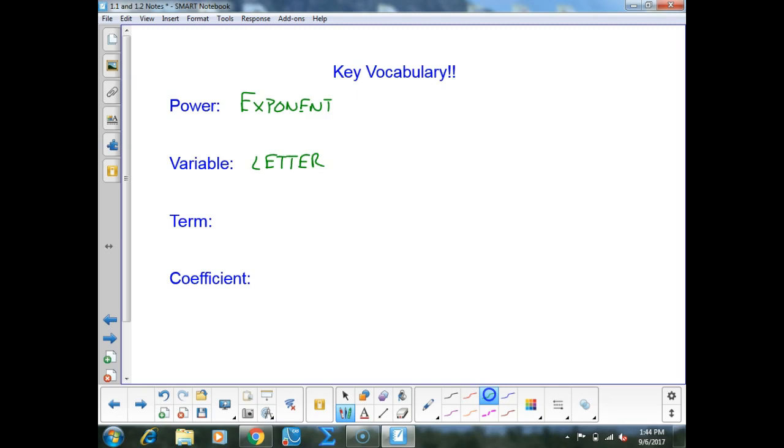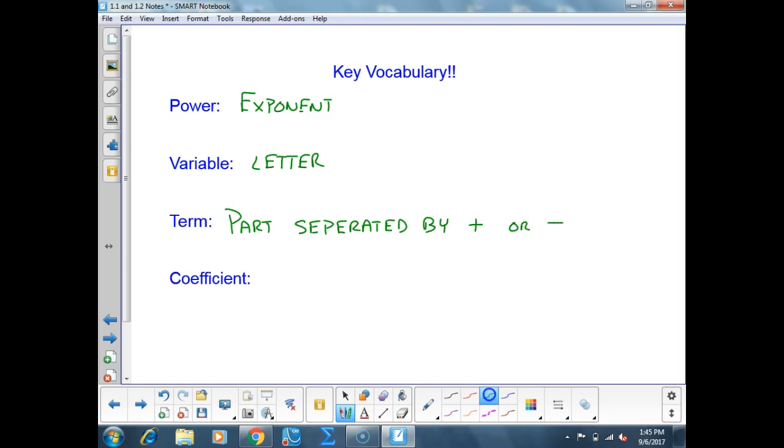Okay, in math. A term is a part that is separated by an addition symbol or a subtraction symbol.